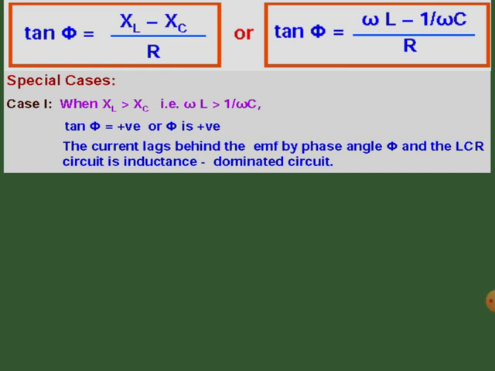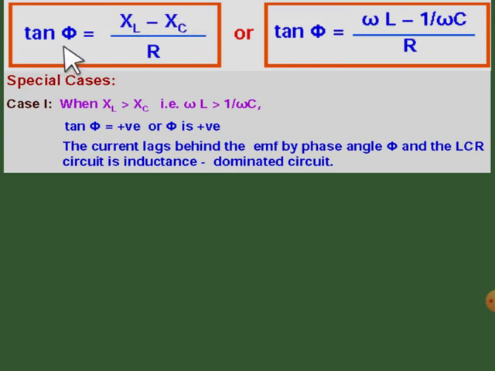For the first one, let's take it that XL is greater than XC. That means your inductive reactance is greater than the capacitive reactance. That is, XL greater than XC, or you can say omega L is greater than 1 by omega C. Then what happens? If XL is greater than XC, this will become positive, so the whole ratio will become positive.